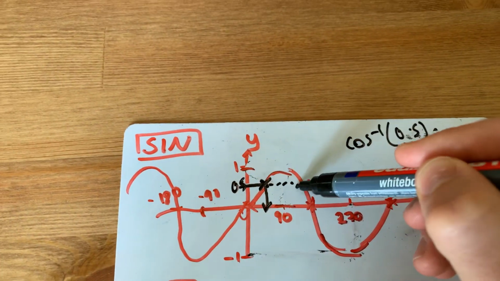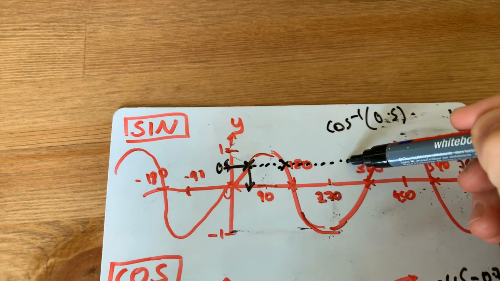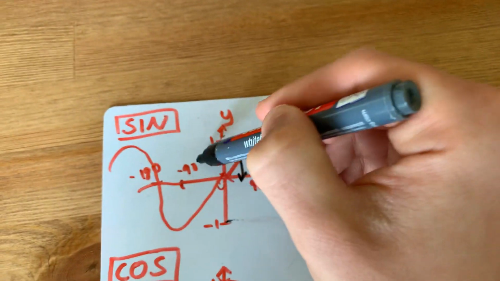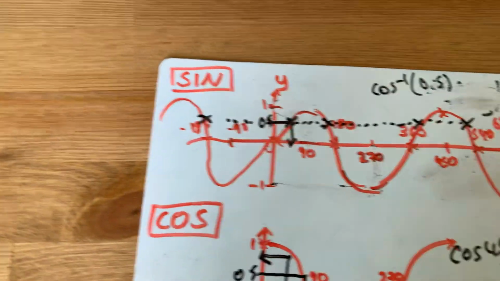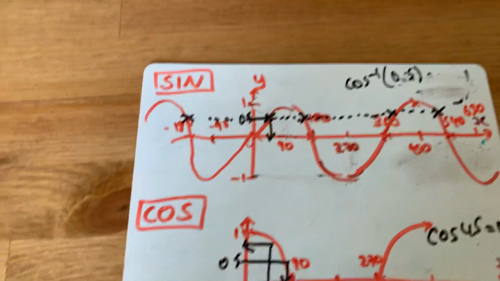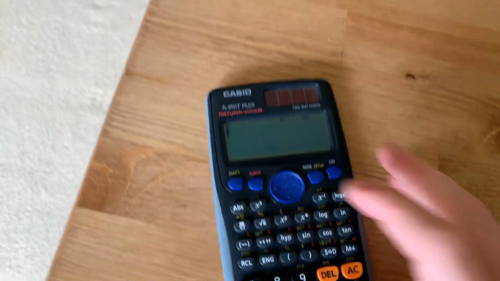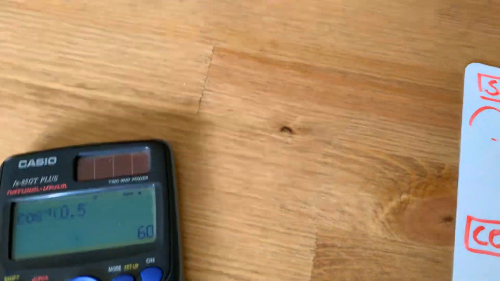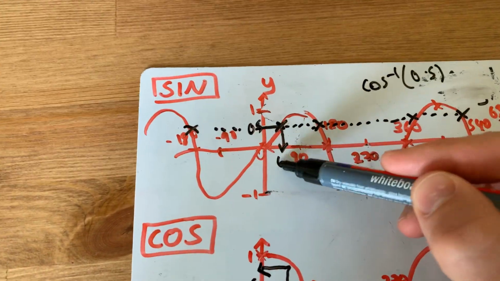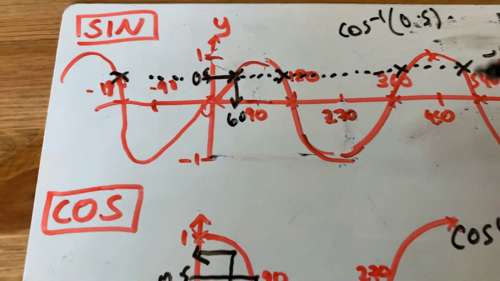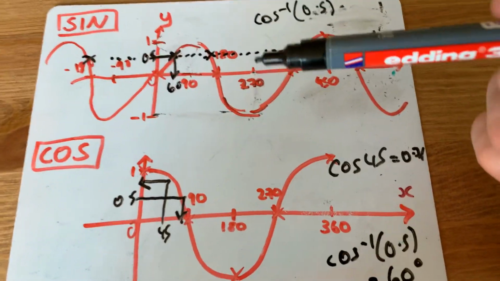Also, though, there's going to be a value here, a value here, a value here, and also a value here. So there are going to be infinite number of solutions for cos to the -1 of 0.5. Now, your calculator, when we did that, is going to give us one value. It's going to give us 60 degrees, which is this one, the first one which we've got here. Now, let's think if we can work out these other ones, because these must have an answer. Our calculator's not told us it, though, which is a bit of a problem. So let's just spend maybe 1 minute just considering that.